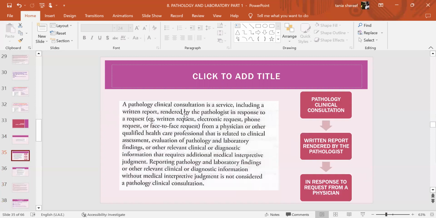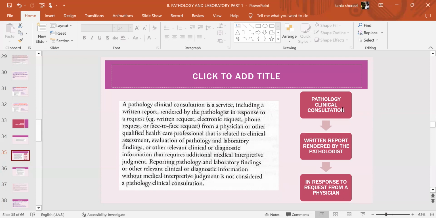So here, a pathology clinical consultation is a service including a written report rendered by the pathologist in response to a request. For example, a written request, electronic request, phone request, or face-to-face request from a physician or another qualified healthcare professional that is related to the clinical assessment for the evaluation of the pathology and lab findings or other relevant clinical or diagnostic information that requires additional medical interpretive judgment.